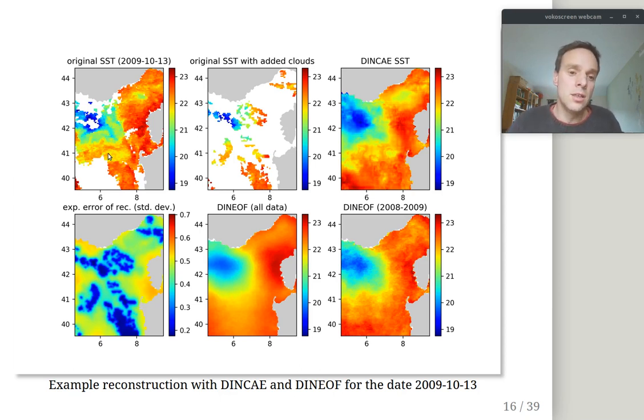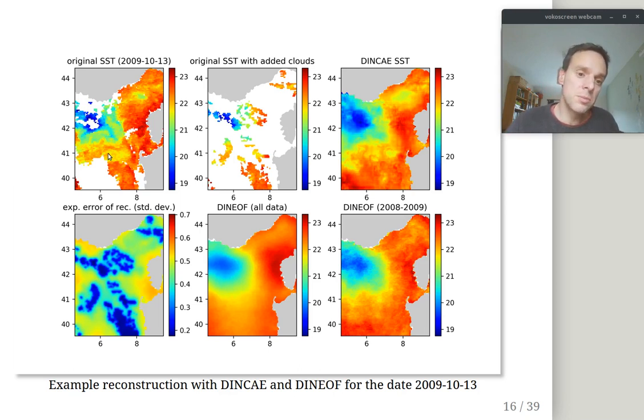And the row below is the expected error and the DINREF reconstruction, using either all data or just a subset. So the DINREF reconstruction is a bit smoother than the DINCAE reconstruction, which will also translate to the RMS error, as we will show later.